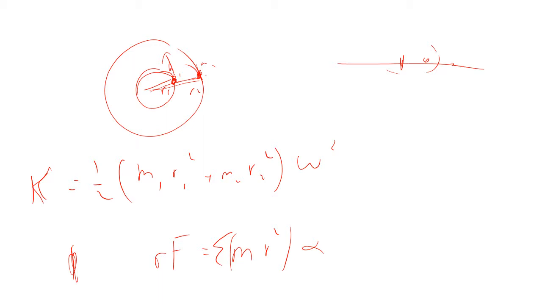And so what you really end up with is this really interesting idea: that mr squared, or if you have a whole bunch of things going around, different m's at different r's, the sum of the mr squared, falls into the equations. We're going to just use the letter I to represent that.